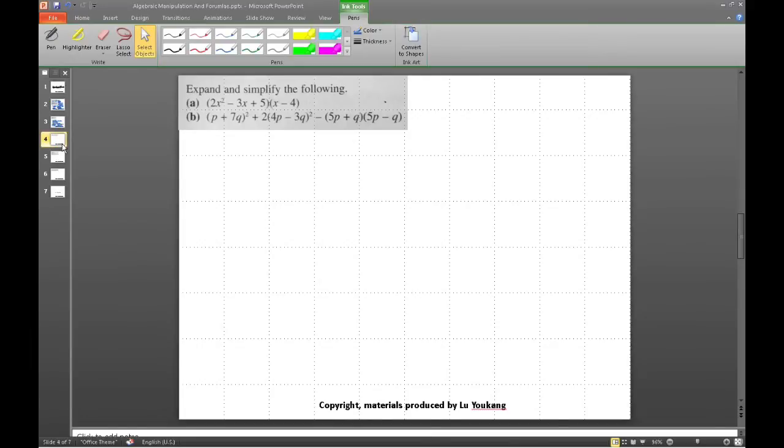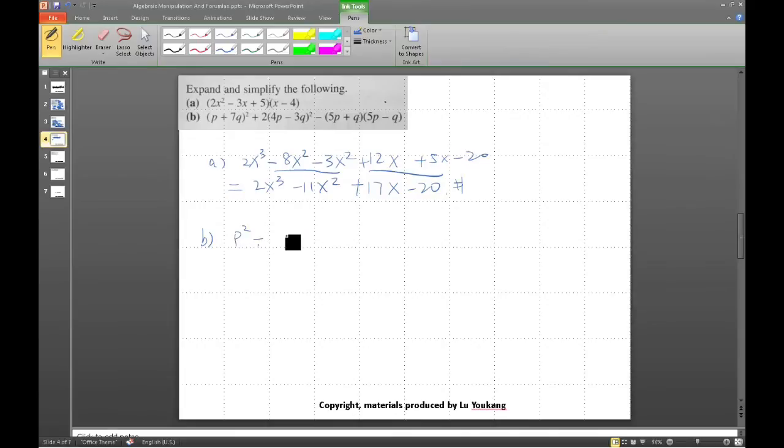Here you are asked to expand and simplify the following, and I hope it's not that hard for you. For part A, you just need to open the brackets. After opening the brackets, you should get what I have written. Now you need to group and do addition or subtraction, and you should get this answer.